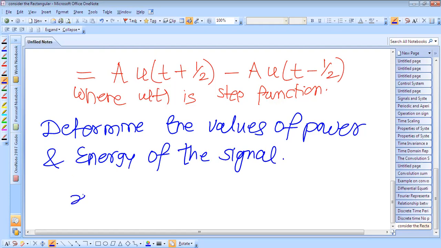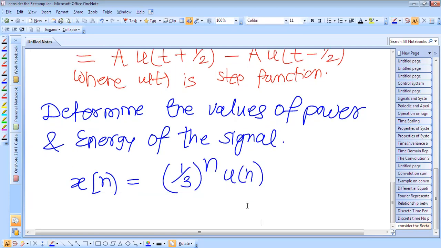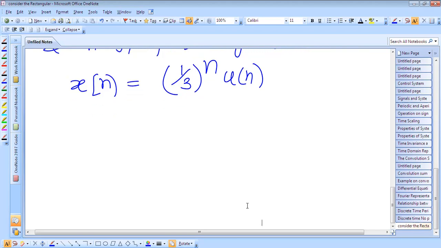Okay, the signal is given as x of n equal to 1/3 raised to power n into u of n. So this is the signal given to you, and we have to find whether the given signal is a power signal or an energy signal.